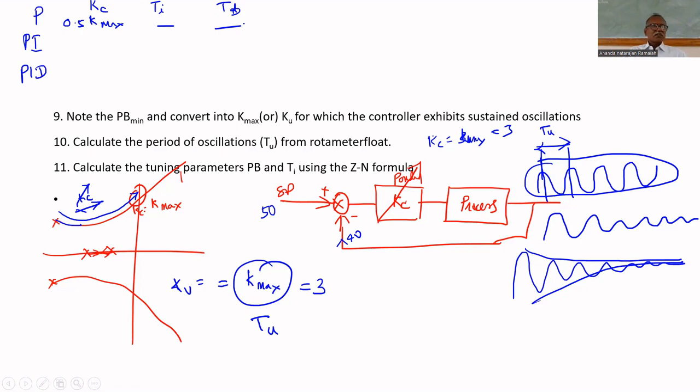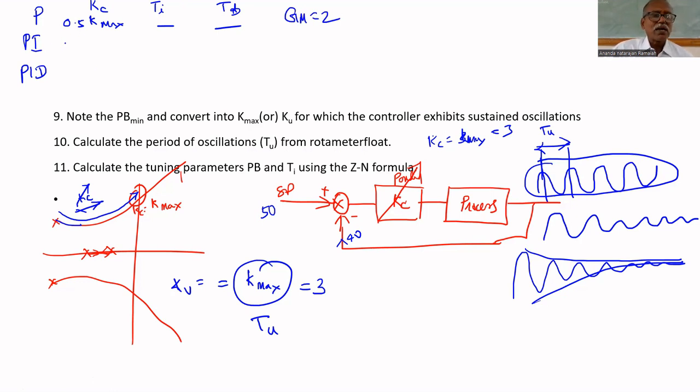It means the gain margin is 2. If you increase the given K twice, then the system becomes unstable. Therefore, the gain margin equal to 2. That way it is designed.